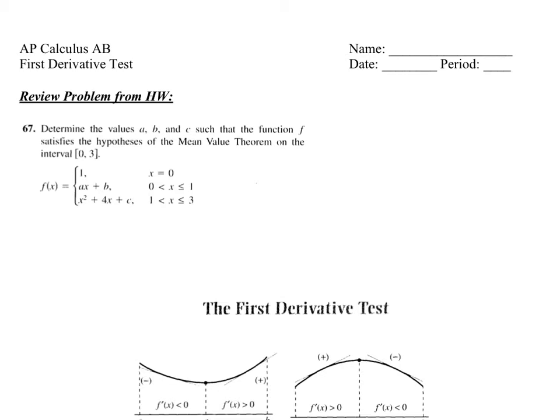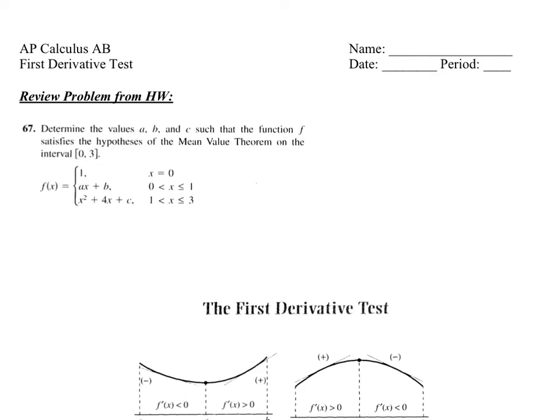Okay, so first of all here, what are the hypotheses for the mean value theorem? That's Rolle's. No, f of b minus f of a over b minus a equals f prime of c. Okay, that's what it says, but what were the hypotheses? What were those conditions that had to be met?